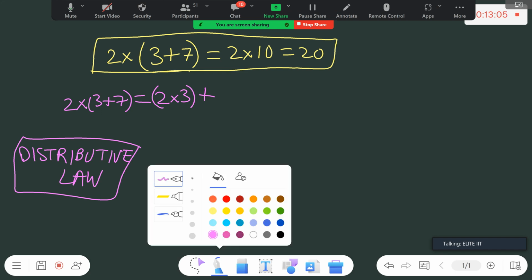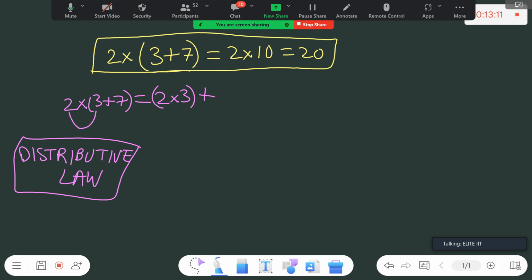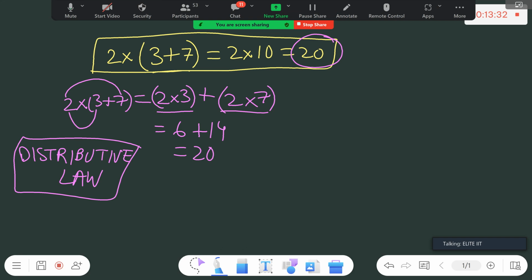This is called distribution of multiplication over addition. First, we will distribute multiplication of 2 with 3, plus we will then distribute multiplication of 2 with 7. That is 2 into 7. So what will be 2 into 3? 6 plus 2 into 7, 14. The answer is 20. Same answer, isn't it?